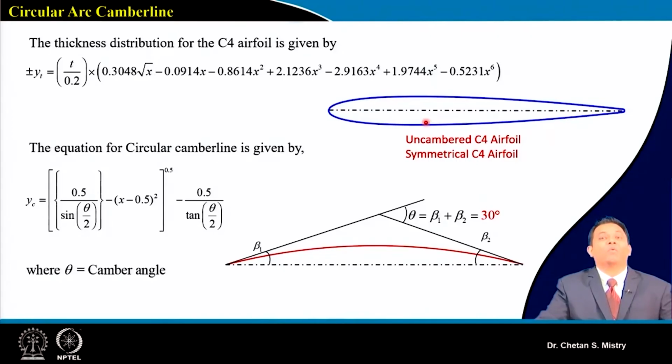Now, we want this thickness distribution to be placed on my camber line. So I am looking for the camber line. Suppose this is my camber line. In order to make that camber line, we need to have our angles.